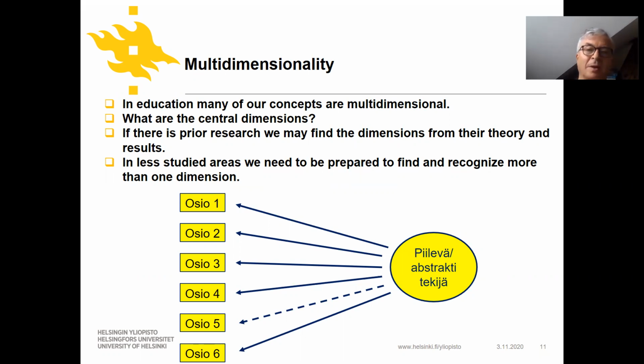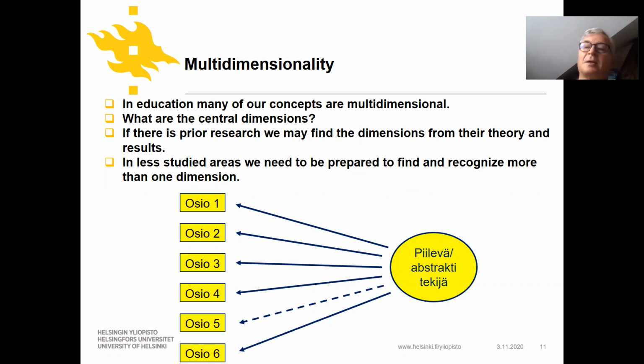We need to say something about multidimensionality. Also, we get into this in the next lecture, which is about factor analysis. But in education, our concepts very often are multidimensional.